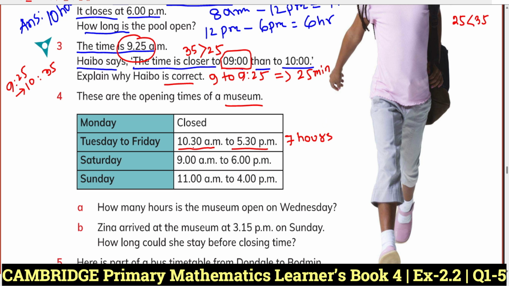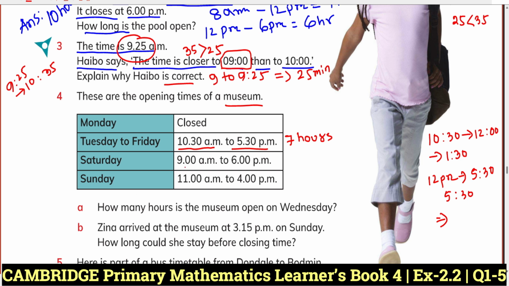How? 10:30 to 12 is 1 hour 30 minutes. And 12 p.m. to 5:30 is 5 hours 30 minutes. So total, the 30 minutes make 1 hour, 5 and 1 is 6, plus 1 is 7 hours.